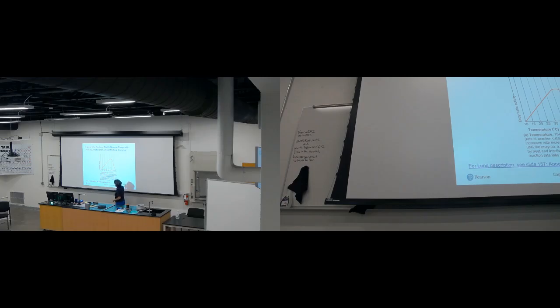Maybe you're not making any products at these two temperatures, 10 and 50 degrees Celsius. But if you start gradually increasing the temperature from 10, you can still reach the right temperature, 37 degrees Celsius, and you can still have products. Now, with 50, the enzyme won't be functional anymore.